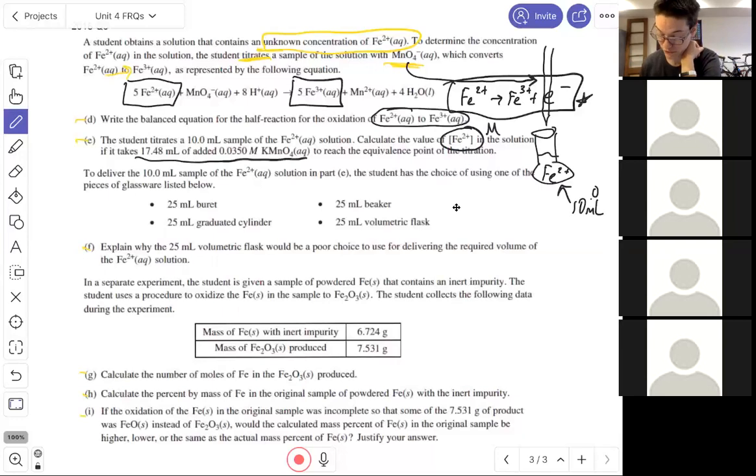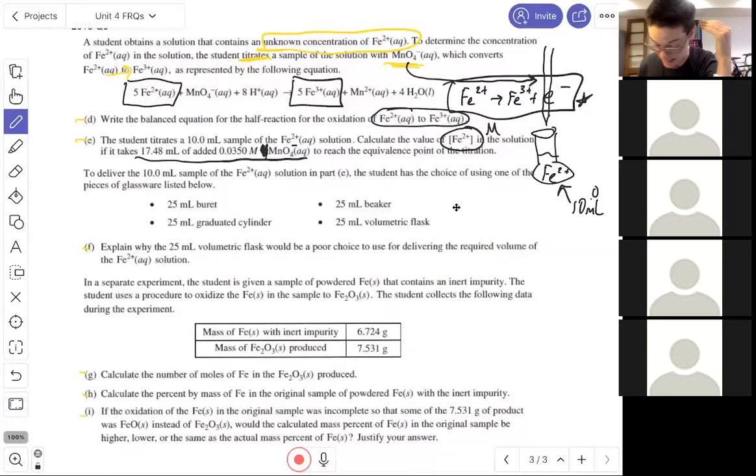First thing I want to point out, where is potassium in that balanced chemical equation at the top? It's not there because it's a spectator, so we don't care about it. It's irrelevant. So by saying potassium permanganate, they're just saying the permanganate ion, MnO4 minus.